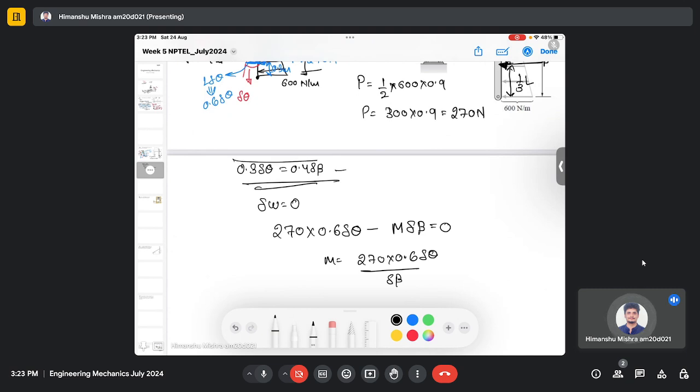Now we can use this equation, and according to this equation we have del theta by del beta equal to 0.4 by 0.3, and we can substitute this in the expression.